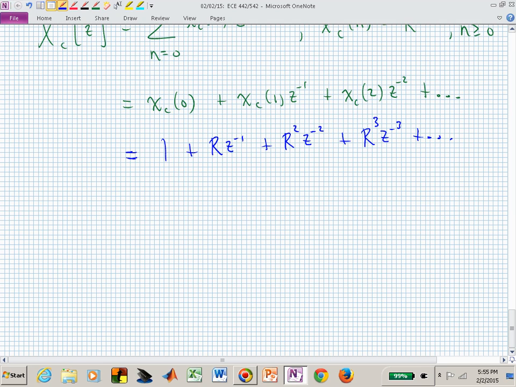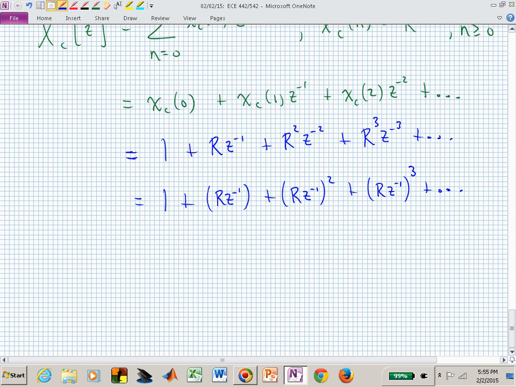Or how can we rewrite this? We could say, well, that's 1 plus, let's say, r z to the minus 1 plus rz to the minus 1 squared plus rz to the minus 1 cubed. And hopefully that now starts to look like something that we can manipulate.